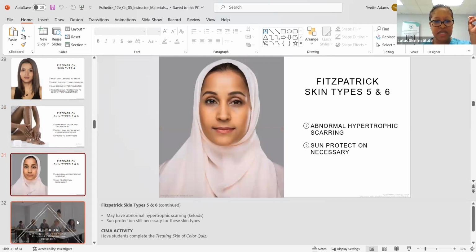Also with 5 and 6, they may have abnormal hypertrophic scarring, which is what we know as keloids. So Fitzpatrick 5 and 6 are more prone to keloids. Sun protection is still necessary. Supposedly we all have an equal number of melanocytes, but what makes us Fitzpatrick 5 and 6 is that those melanocytes produce more melanin.